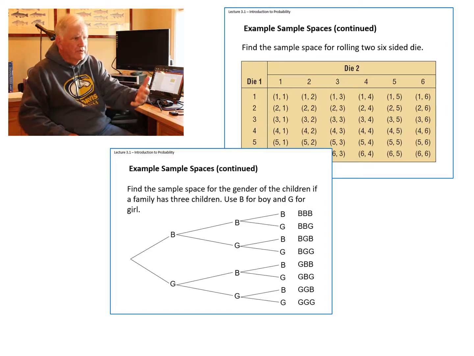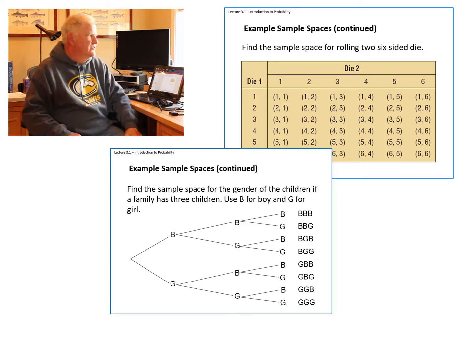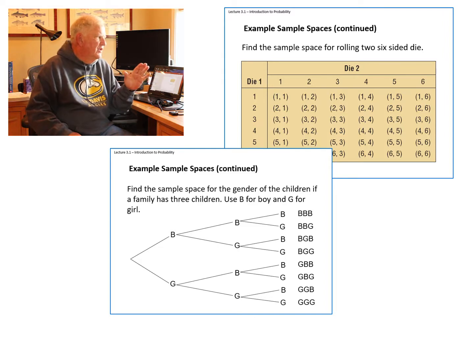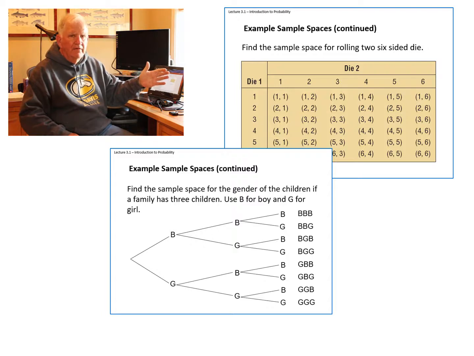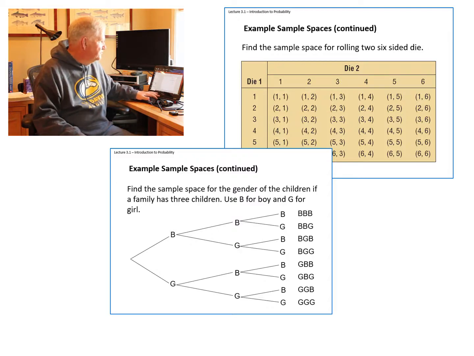So have 3 children, there's 8 outcomes. Roll 2 dice, there's 36 outcomes. Roll 3 dice, there's 216 outcomes. So you'll see in just a moment that counting the size of the sample space is very important, and can get to be unwieldy. It's always counting, but you need to find a systematic way oftentimes to do the counting to make sure you don't miss any. That's what those tree diagrams are very useful for.